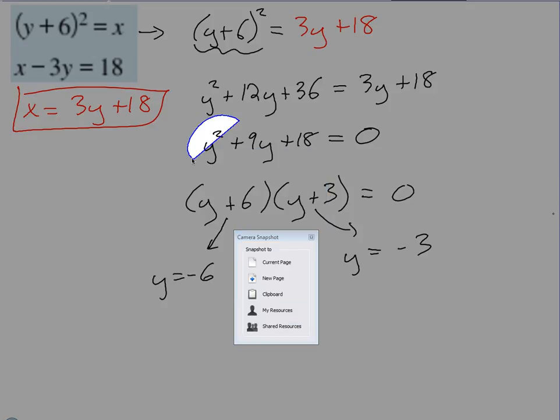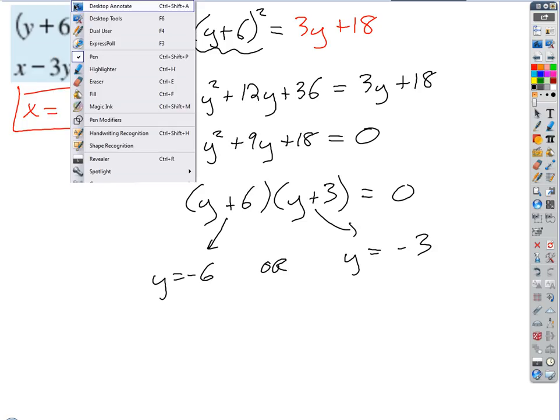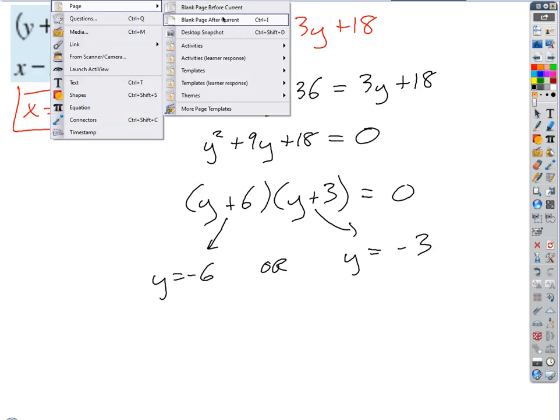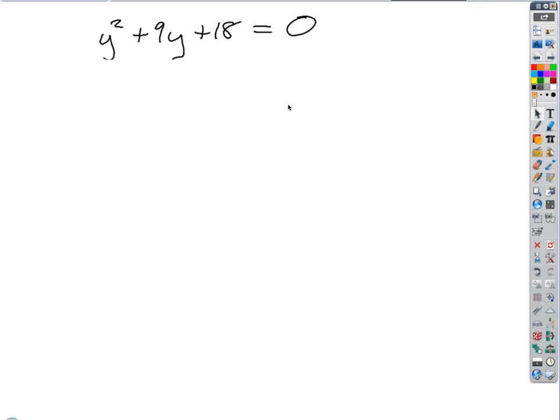I could have just as easily said, okay, I've got this quadratic equation. We'll come back to this in just a second. I just want to show you something here. So I've got this quadratic equation in standard form. I could just say, let's compare this to the quadratic formula, right? In this case, I've got y's instead of x's.